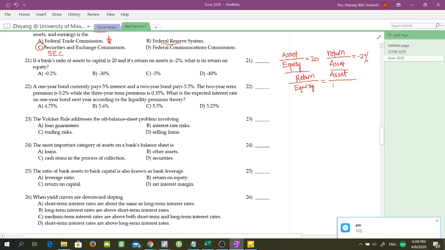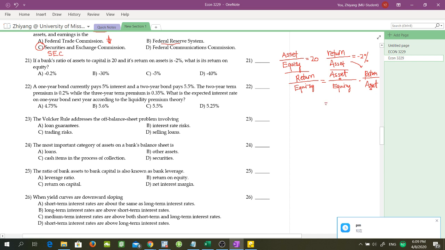Let me first use asset over equity over here, and then since asset is at the denominator, I'm going to plug in this ratio, which is return over asset. The good thing is that you see asset both at the numerator and denominator, so you can cancel them out, and the final result happens to be return on equity, right?